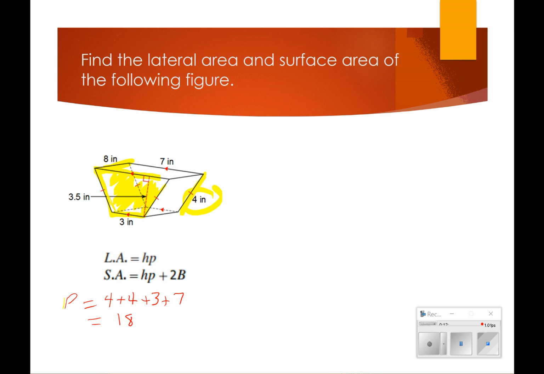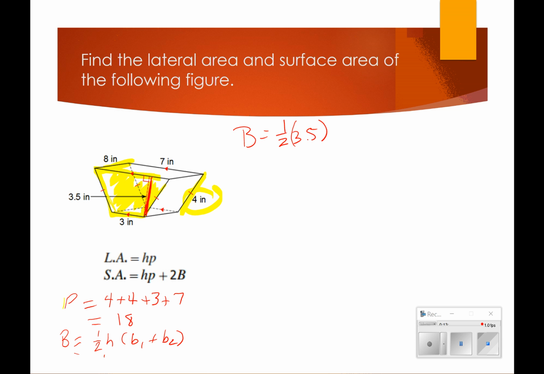Okay. The area of my base is the trapezoid, so it's 1/2 height times the sum of the bases. So 1/2, let's go up here again. My height is the 3.5 inches.